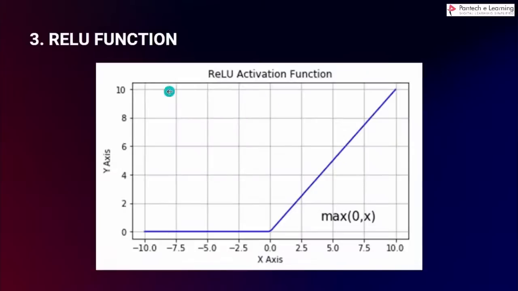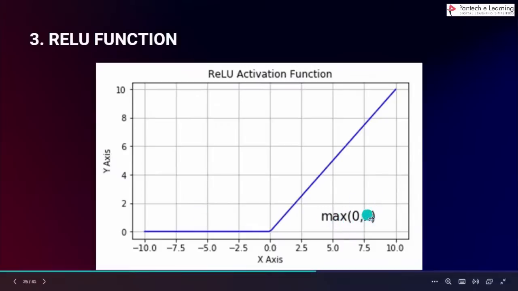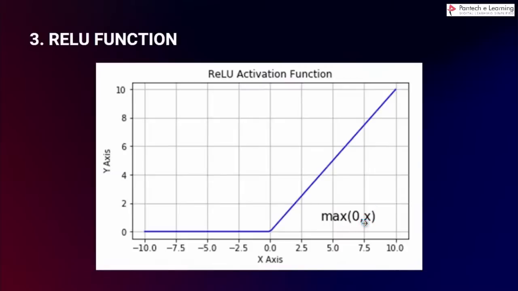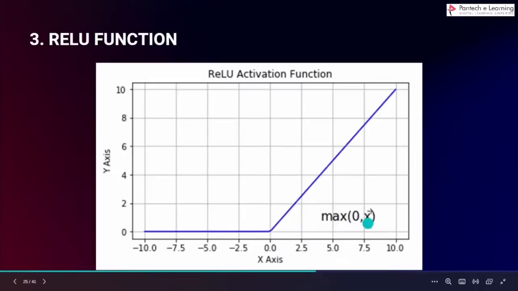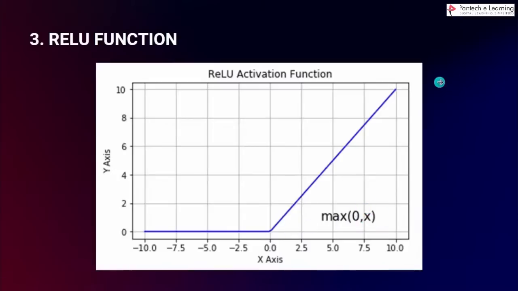And we have another important function that we'll be using, called the ReLU function. If you have the activation function as ReLU, it will take the maximum value in a comparison of 0 comma x, where x is your input value. If the input you are passing is a positive value, then the positive value will be the biggest, so it will be taken.